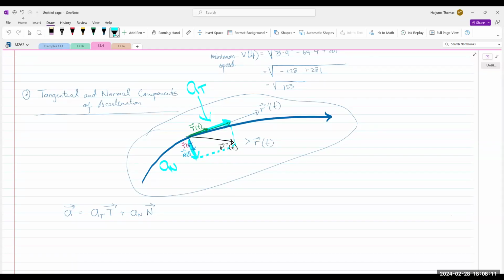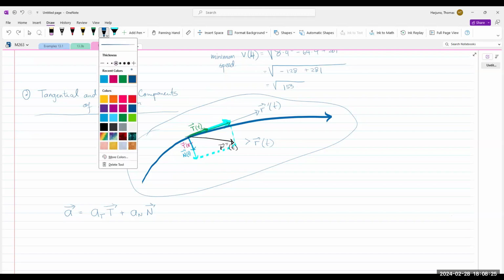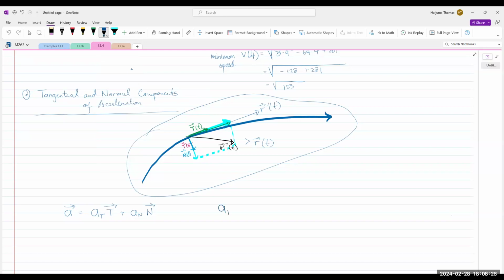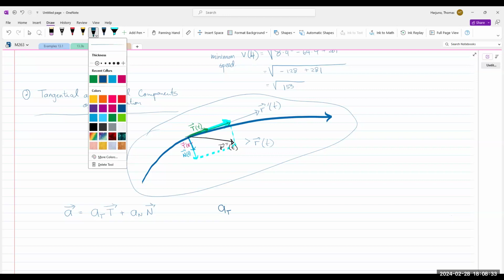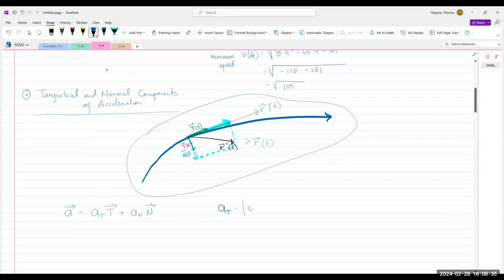Okay, now, if we look back, the tangential component, this is where it's supposed to be easy for you, is basically the absolute value of the component of r double prime t on r prime t.